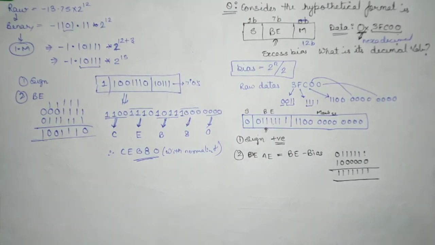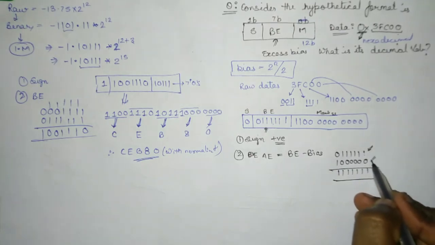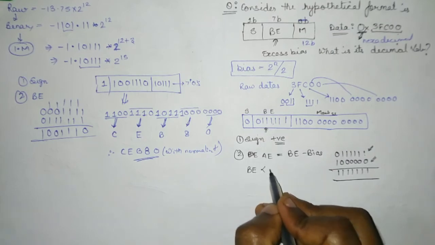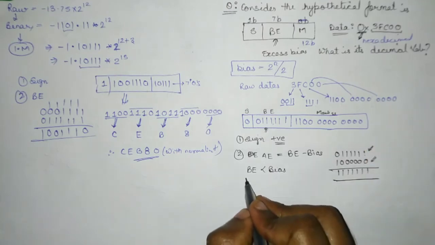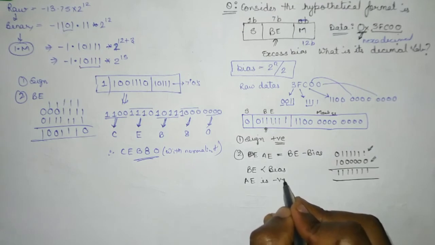Now we have to check the sign of the actual exponent. For this we have to compare this BE value with this bias. Here you can see that this BE is less than bias, that means the actual exponent is negative, right?